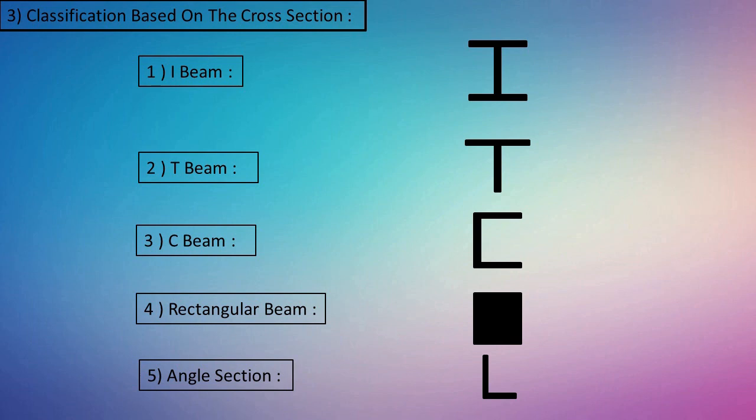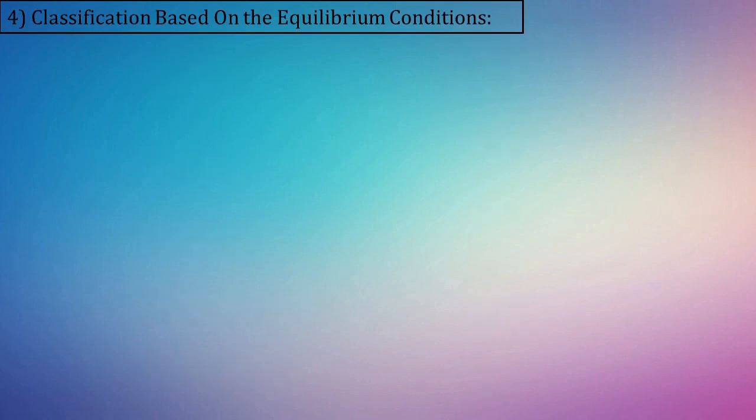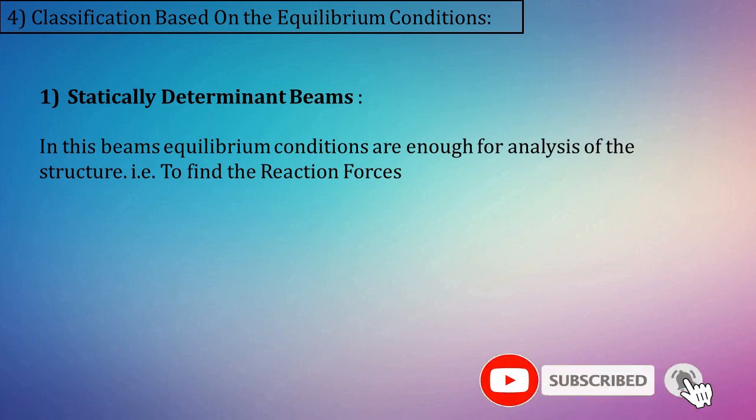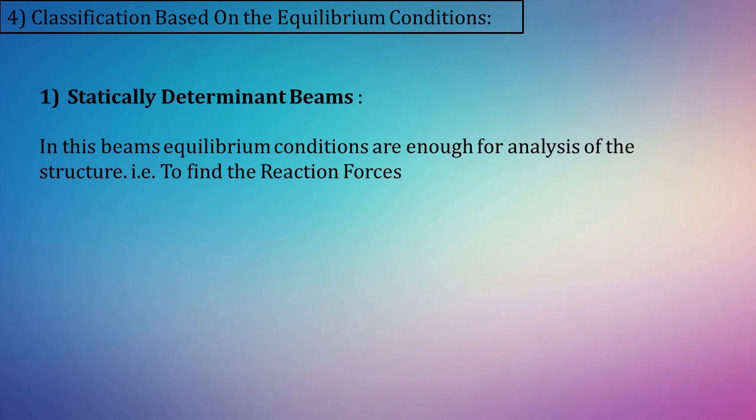Next one is the classification of beams based on the equilibrium condition. First one is statically determinate beams. It is the beam in which only equilibrium conditions are enough for analysis of the structure. Analysis of the structure means finding the unknown reaction forces.